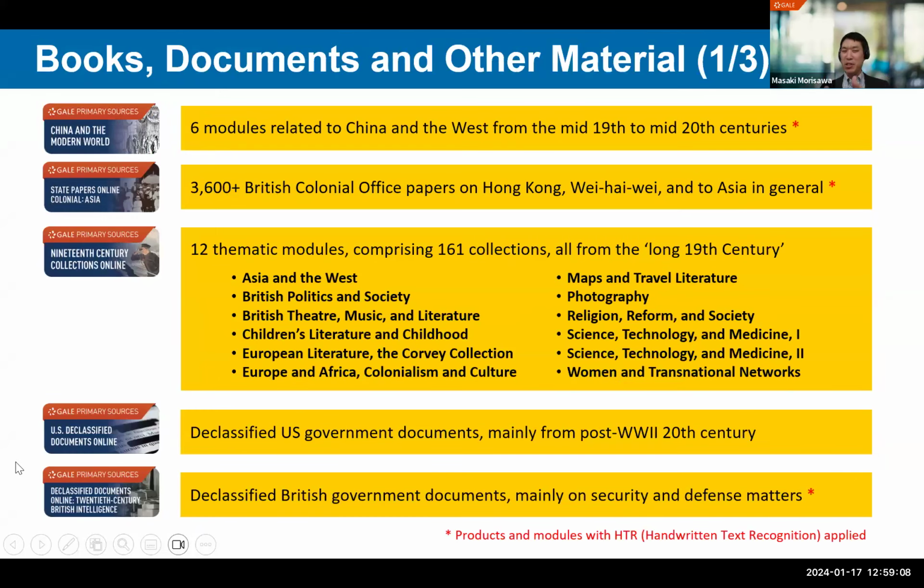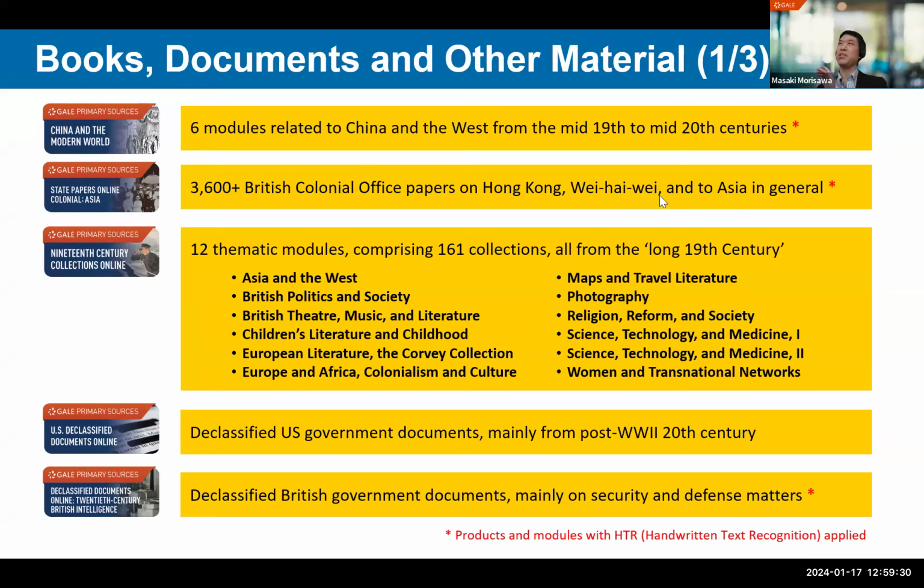And then from the books, documents, and other materials category, we have China and the Modern World, which I just explained. We also have State Papers Online Colonial Asia. This one is cross-searchable with the others. And this contains British Colonial Office papers on Hong Kong, Weihai, and Asia in general.